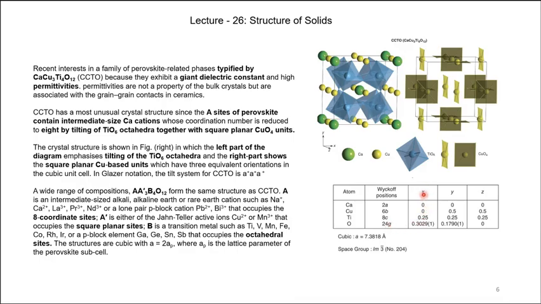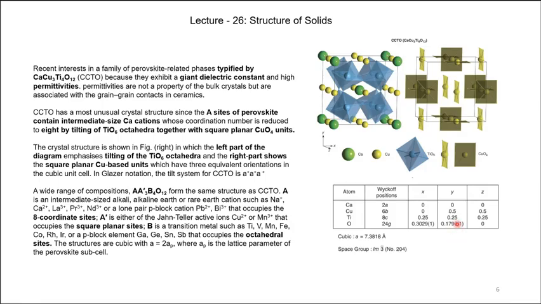The coordinates for these Wyckoff positions: calcium is 0, 0, 0, copper is 0, 0.25, 0.5, titanium is 0.25, 0.25, 0.25, and these are the oxygen coordinates, and in brackets is the standard deviation of the position.